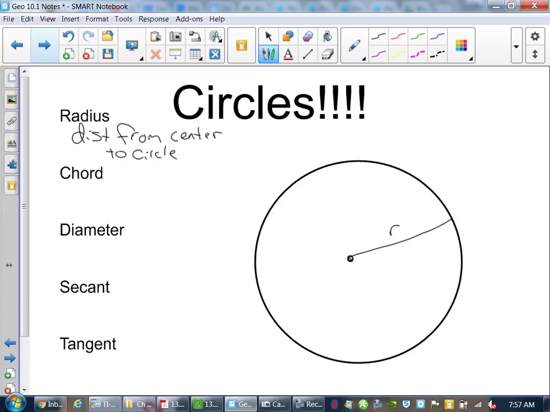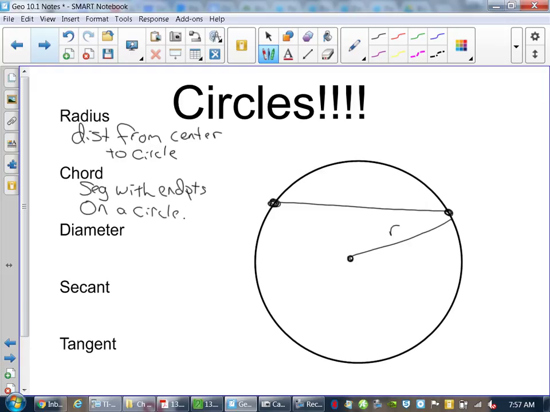A chord is a segment in a circle that has endpoints on the circle. So a chord is a segment with endpoints on a circle.